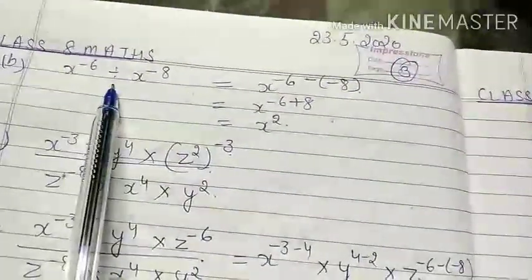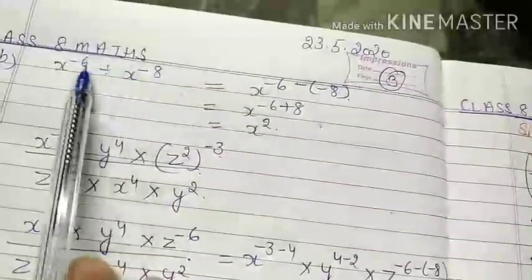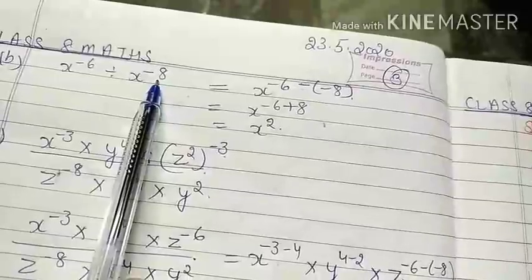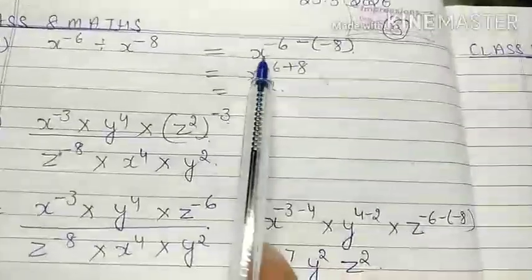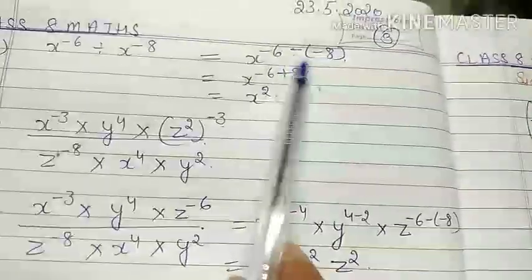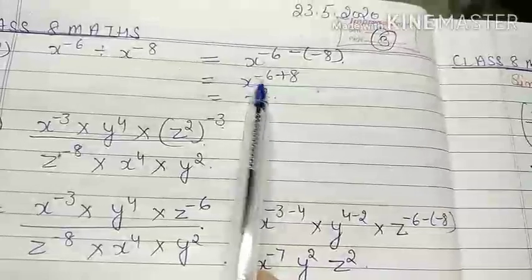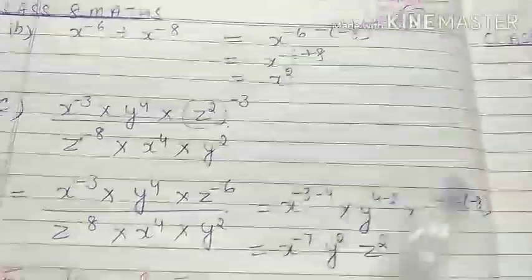That means if there is a division sign between the same bases with different powers, you have to subtract the powers. Like here, x raised to power minus 6 minus of minus 8. When you multiply the two signs, negative with negative gives positive, so minus 6 plus 8 gives x square.